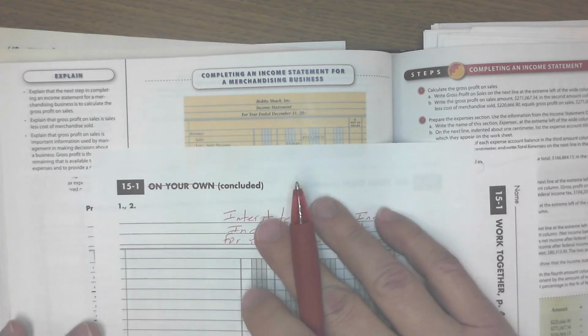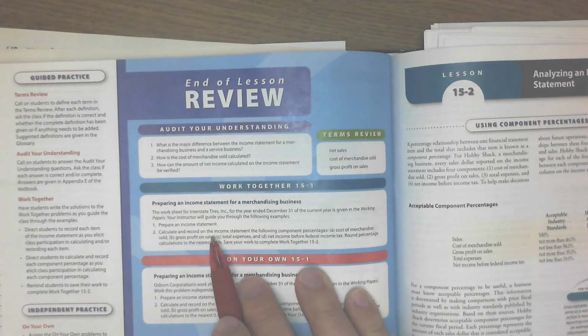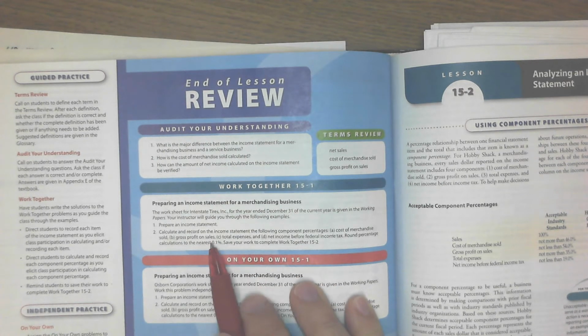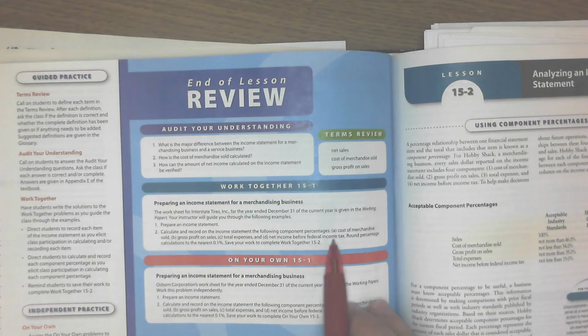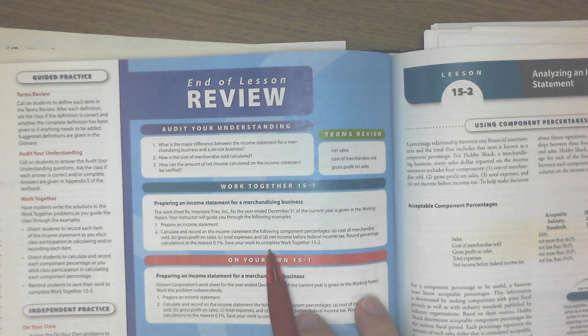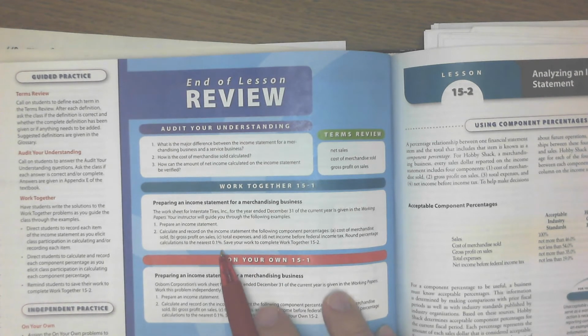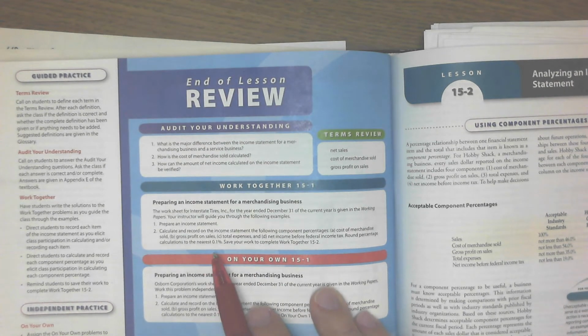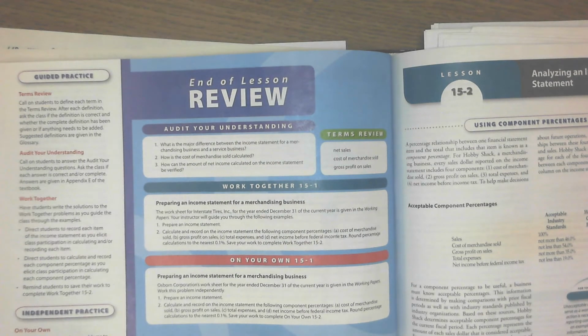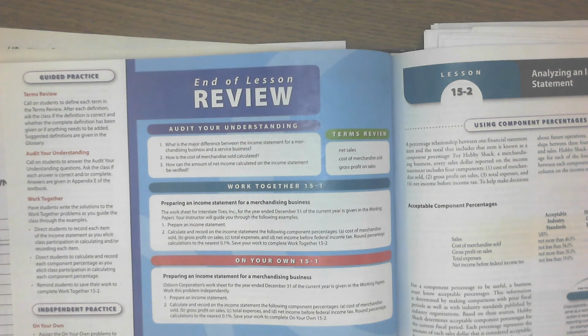Okay, so if you look at the instructions in the book, it says prepare an income statement, calculate and record the income statement from the component percentages. We've got all the rest of the instructions here. We're going to do the rounding on the nearest percentage to the 0.1%, and then we're going to use this page for section 2.